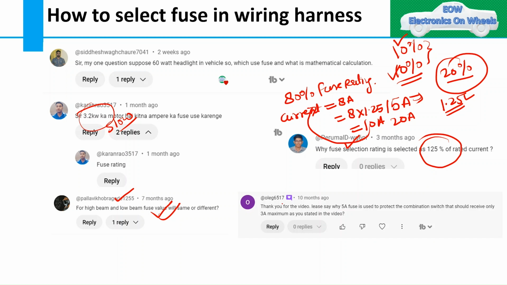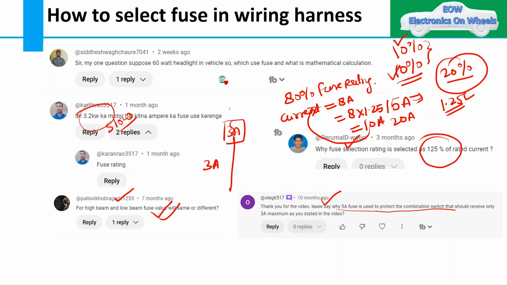Then coming to this particular thing, a 5 amp fuse is used to protect the combination switch, and that should receive only 3 amps, as you stated. Why? As I told you, suppose 3 amps is required in that particular circuit, and you have selected a 3 amp fuse here, right?